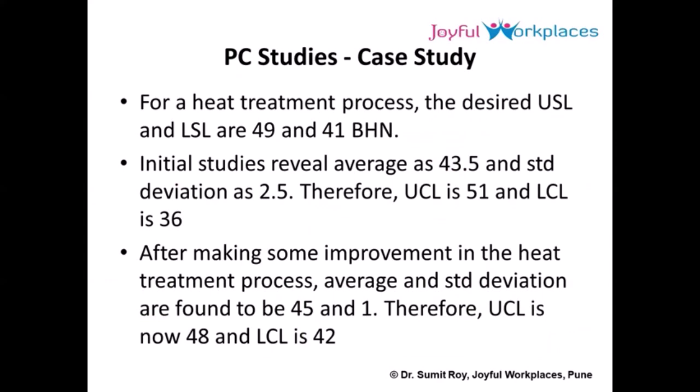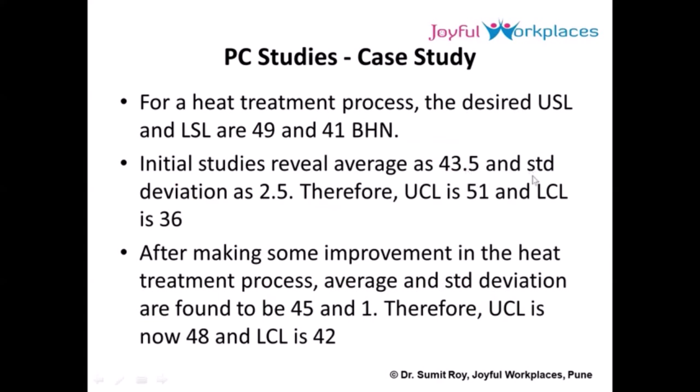Now, a small case study. For a heat treatment process, the desired upper spec limit and lower spec limit are 49 and 41. Initial studies reveal the average to be 43.5, because I have collected about 100 samples and taken the sample average, which came out to be 43.5.